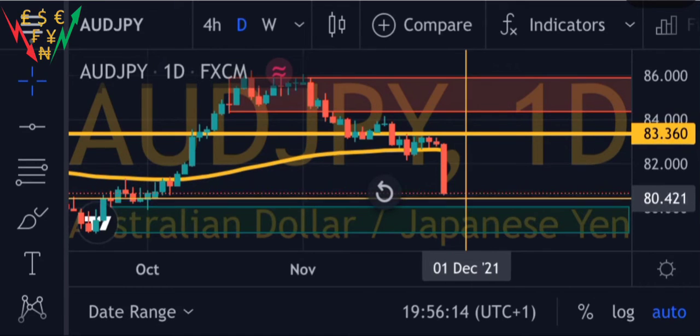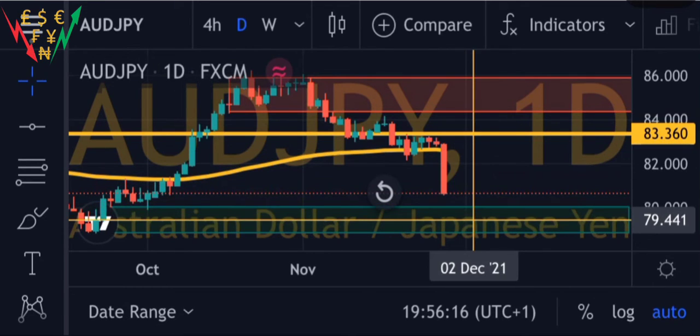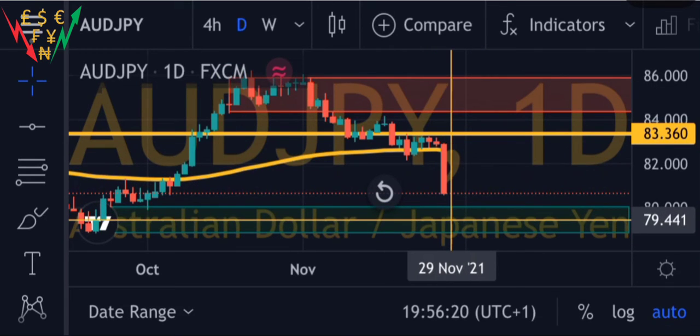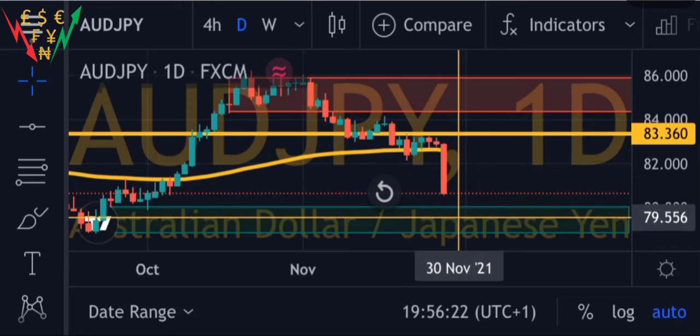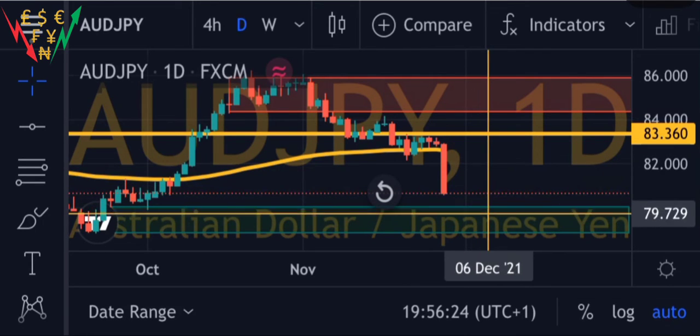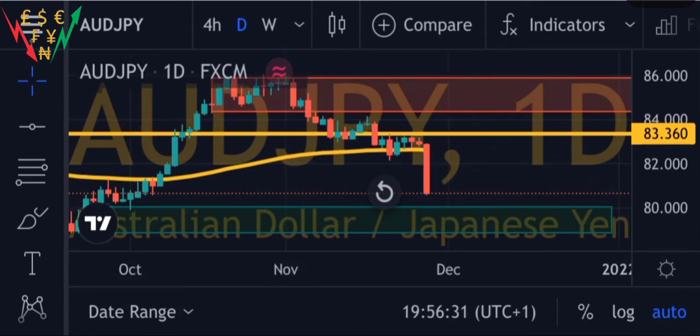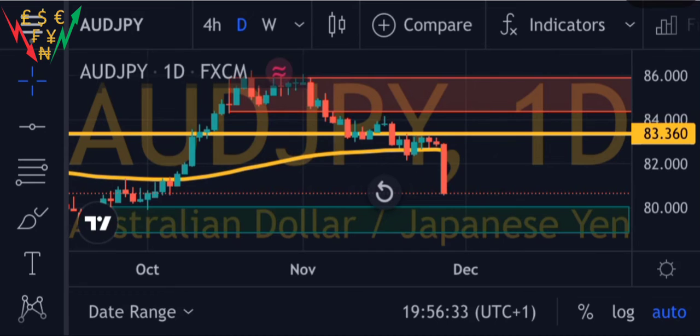But not to worry, because this is what I see here. If you recall, in the analysis there, I'd already plotted our base level and our target level for the trade. So guys, this is what happened on the odd yen. I don't expect you guys to be on the profit side for this trade.